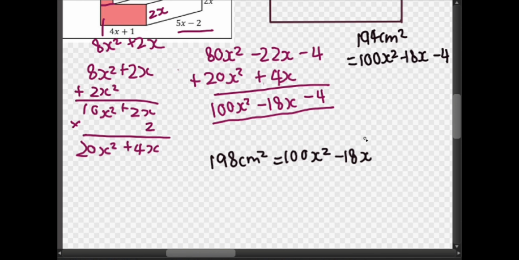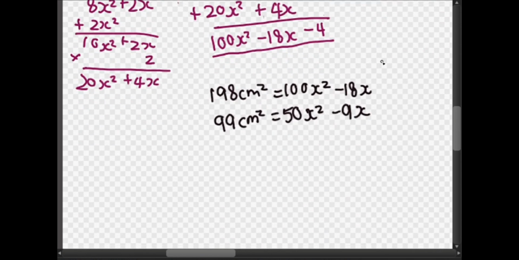Okay, to further simplify everything, we can divide everything by 2. So 99 cm squared equals 50x squared minus 9x. Now we can roughly estimate the value of x by trial and error, and we can find that if x equals 1.5, the calculation will be correct.